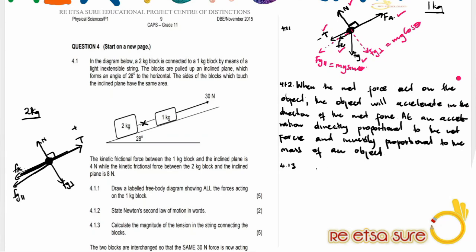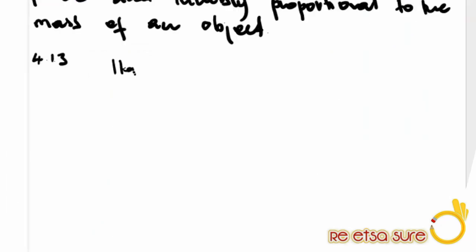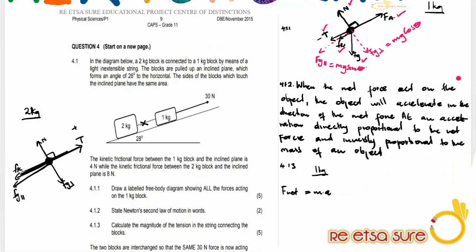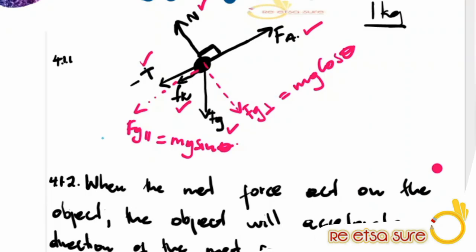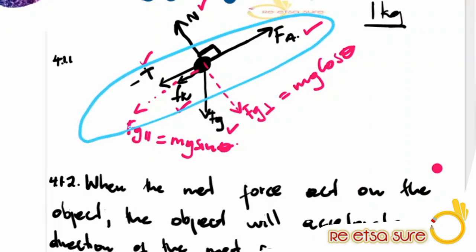I'm just going to say for the 1 kg block, F net is equal to MA. How many forces are acting horizontally, or parallel to the surface? I have about 4.